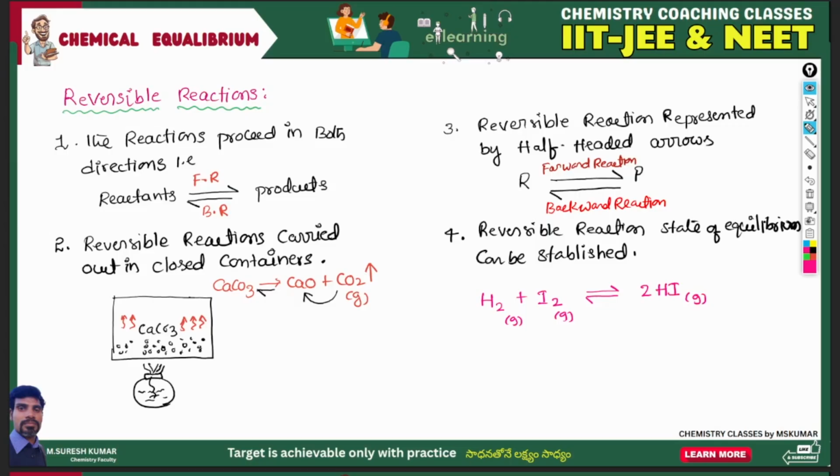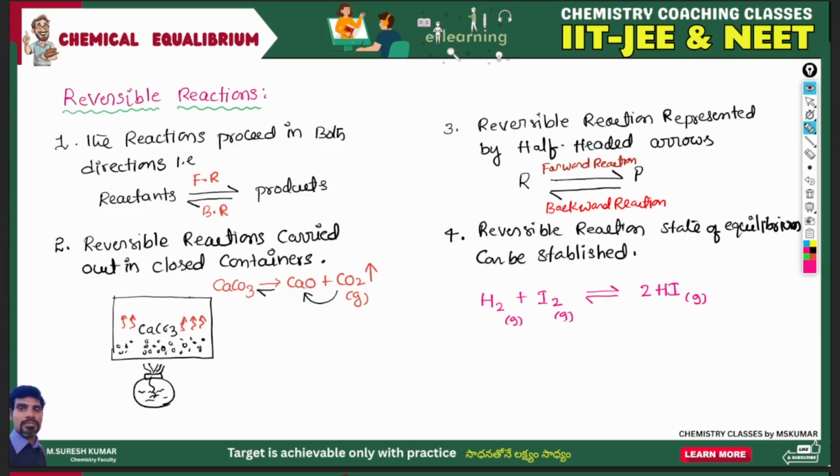At the same time, hydrogen iodide also decomposes into H2 gas and iodine gas. That means reactants can combine to form product, and product can decompose to form reactants back. This kind of reactions are called reversible reactions. Reversible reactions proceed in both directions. Those are represented by half-headed arrows.